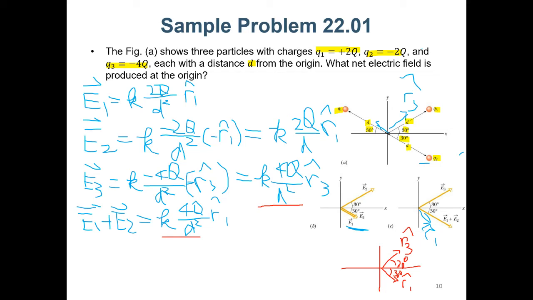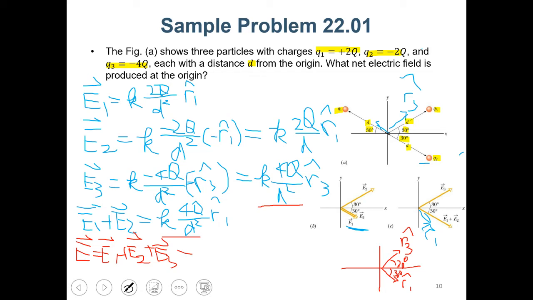So two vectors have the same magnitude, and then we can write it as E equals E1 plus E2 plus E3, which will be nothing but 2E3 cosine 30 degree in the x direction.